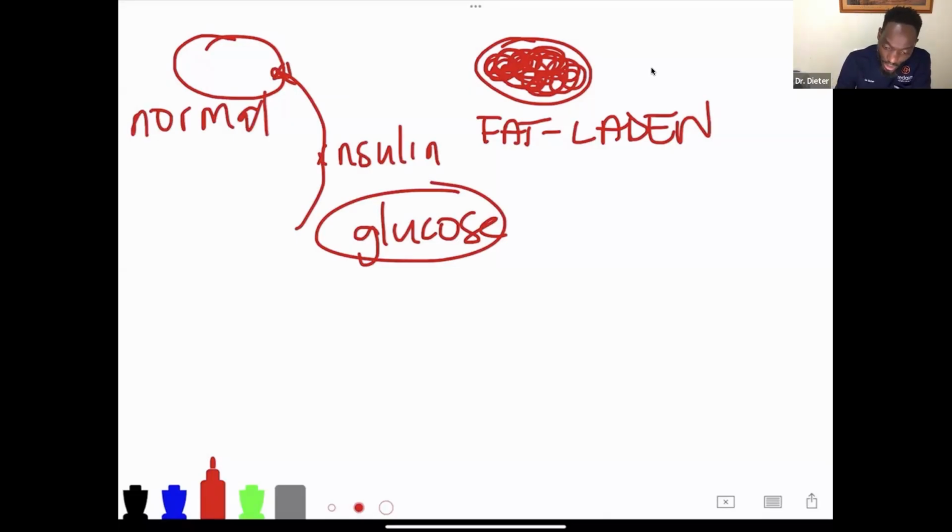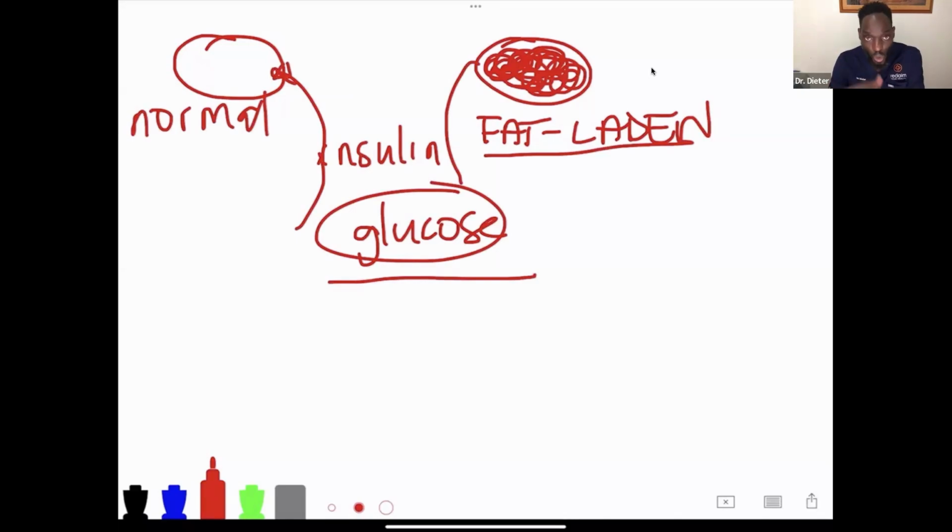But when you come to this cell, which is fat laden, when insulin comes and knocks on the door of the cell, knock, knock, knock, hey cell, I got glucose in the blood, I want you to take it up so you could pass it through the electron transport chain so that energy could be made. You know what this cell tells insulin? This cell tells insulin, I'm sorry, I don't have any room in the inn. If I were to bring glucose in, he will have no place to lay his head. I am fat laden, I am filled with fat. I have no place to receive glucose.